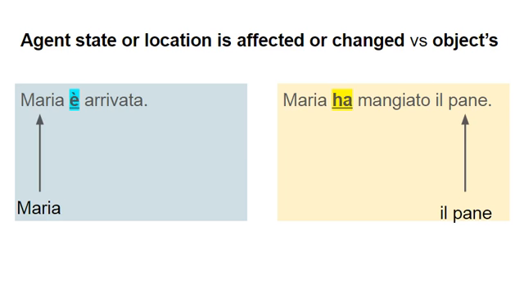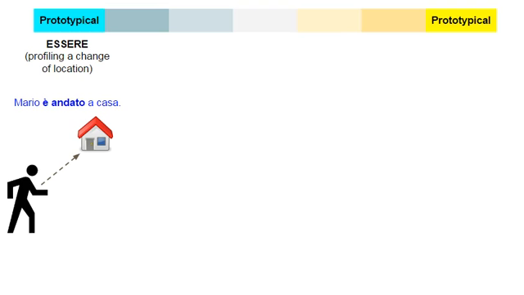So let's see now the construction, because we have four different situations, and they are just a couple of the same that we just saw revised, in a slightly different presentation. Here we have the main use of essere, the prototypical use, which is the most standard, the use of essere profiling a change of location. So Mario è andato a casa. So there's a change of location. Then essere is the characteristic for that.